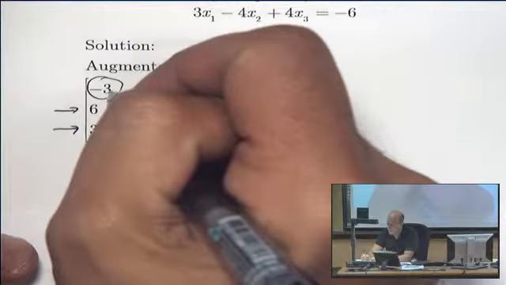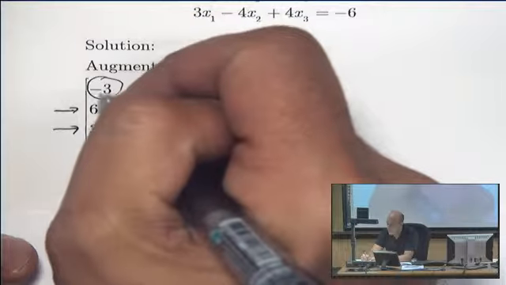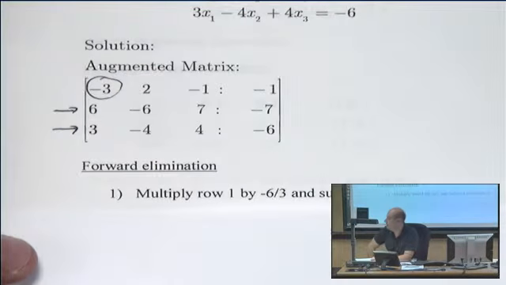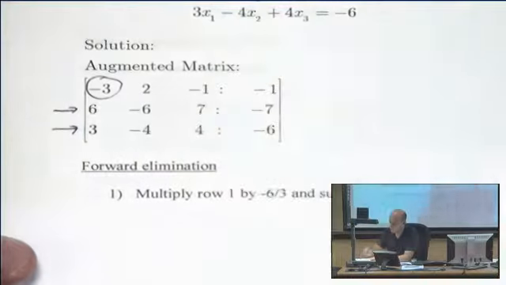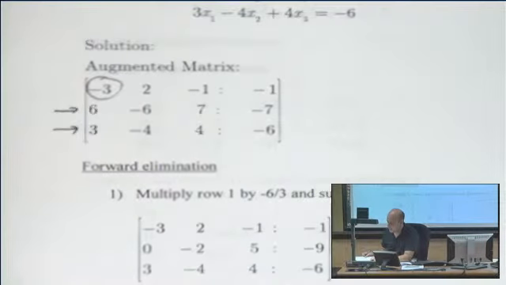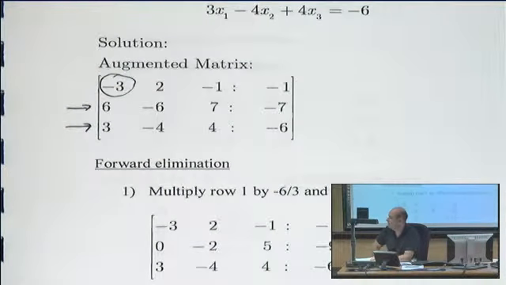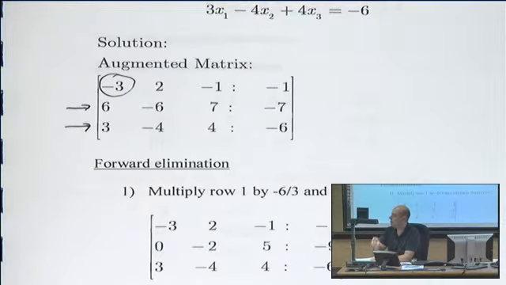So 6 divided by -3, if I do that, that will make that a 6, right? And I'm going to subtract row 1 from row 2, and then whatever I get, I'm going to replace row 2 with it. And I'm going to get something that looks like this.